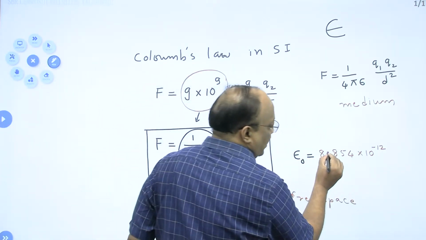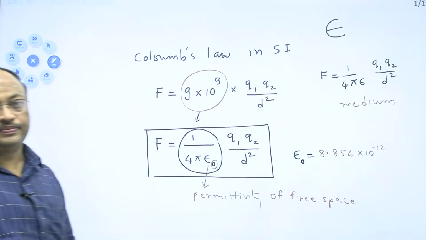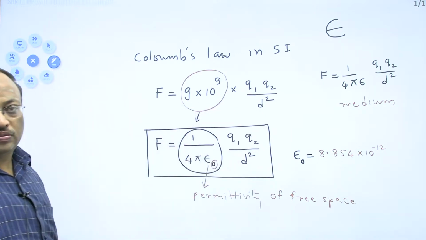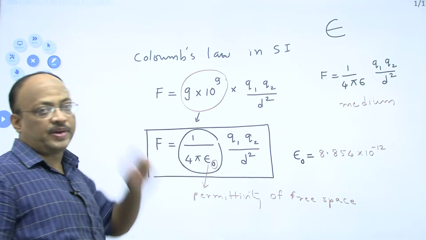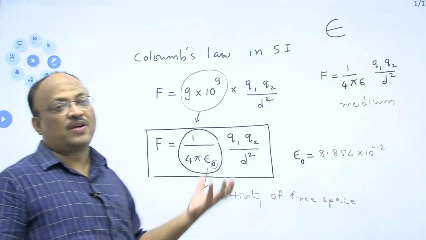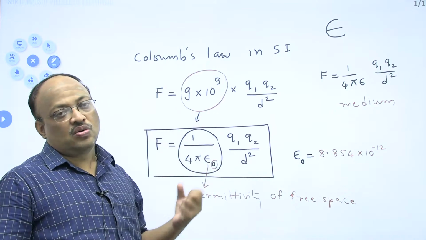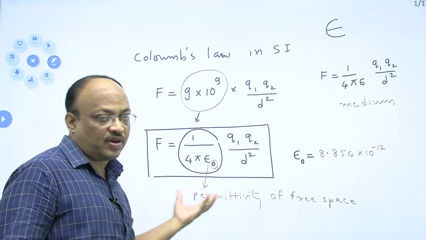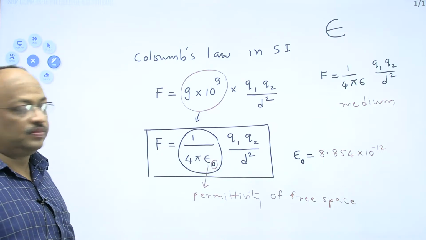What is its unit? What is the dimensional formula of 1 by 4 pi epsilon naught, and of epsilon naught? Those things we will find out now.